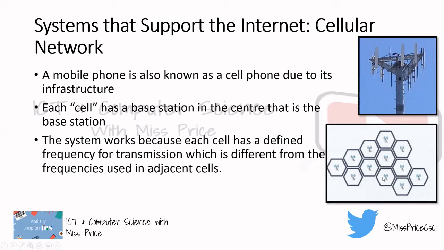Your phone will be connected to each of these base stations, and they send out signals within a radius. These all have different frequencies, so there's no crosstalk. The reason they're called cellular networks is simply because each of these creates a cell of waves that your phone can be connected to.